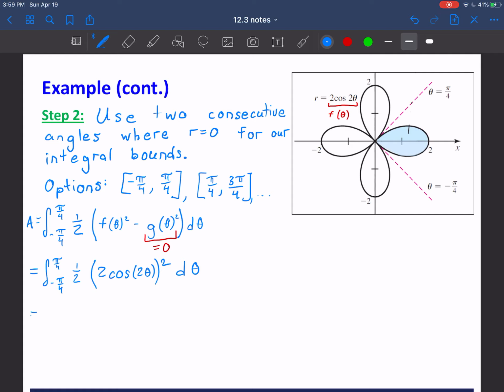Alright, and so rewriting this, we can pull the 1/2 and the 4 that we get from 2 squared out front, and so we're going to get 2 times the integral from negative pi over 4 to positive pi over 4 of cosine squared 2 theta d theta.